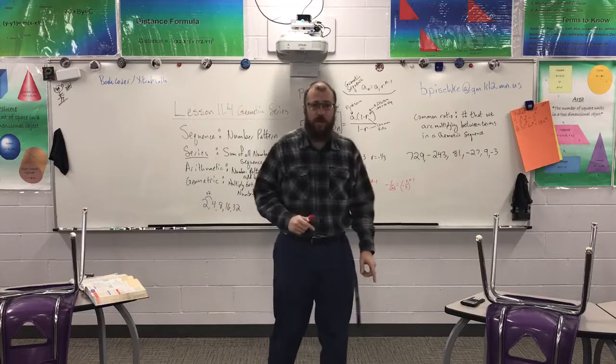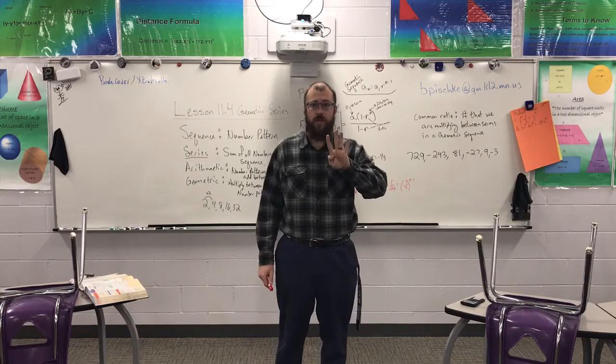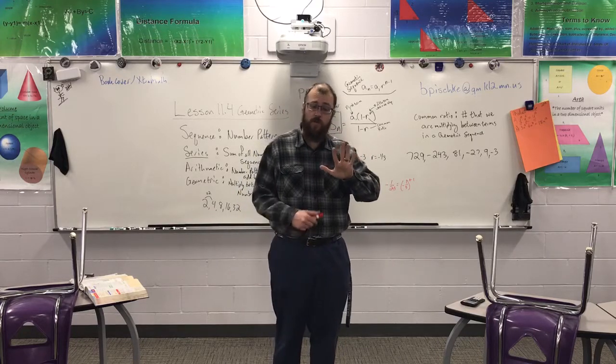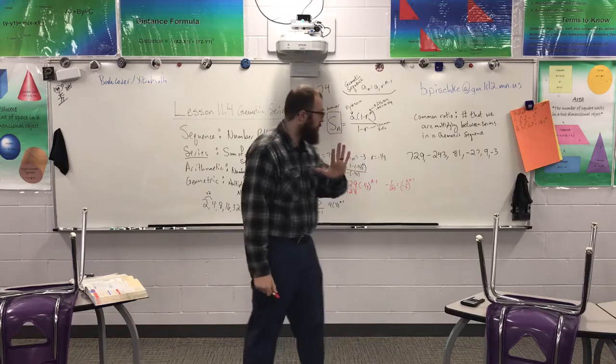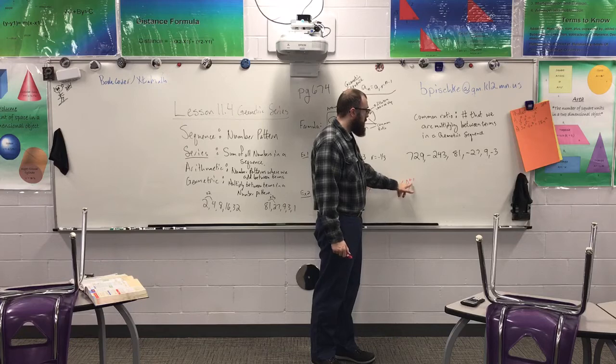So I just need to multiply it up. 3 to the first is 3. 3 to the second is 9. 3 to the third is 27. 3 to the fourth is 81. 3 to the fifth is 243. And if you don't know that, you can use your calculator. But 3 to the fifth is 243. Now, up here I have n minus 1.